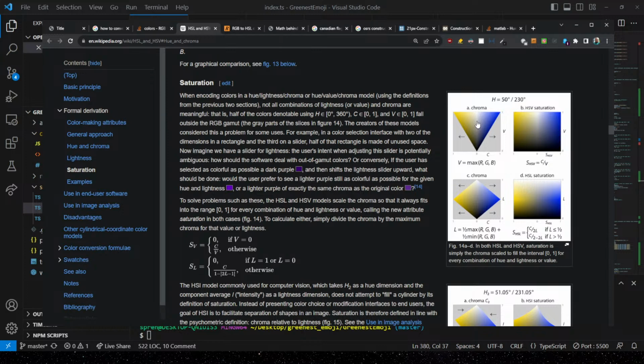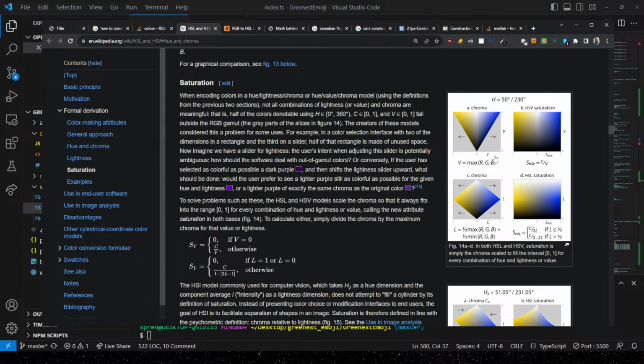And I guess chroma kind of correlates to my more intuitive understanding, which is just the max of R, G, or B. Wait.